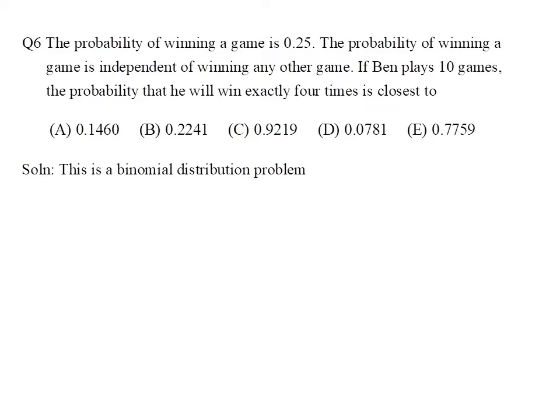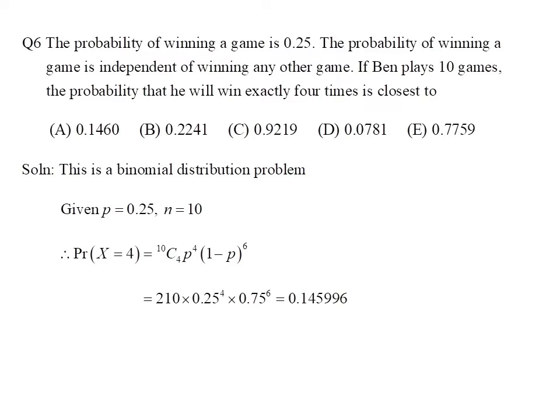Since this is a binomial distribution problem, p is 0.25 and n is 10. P of X equals 4 equals 10C4 times p to the 4th times (1 minus p) to the 6th, which equals 0.145996. Hence, our answer for question 6 is A.